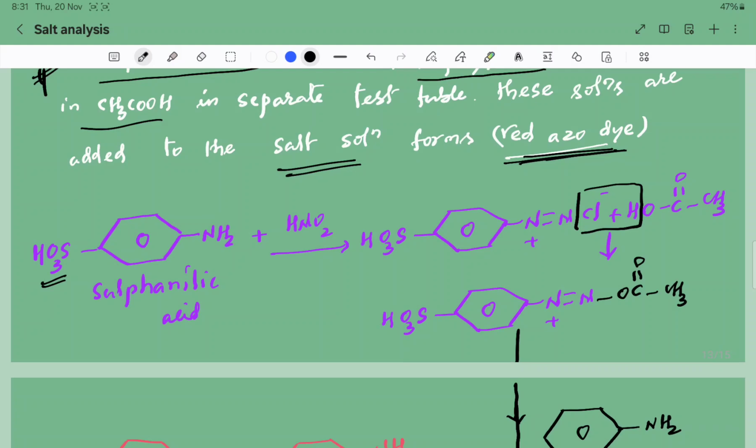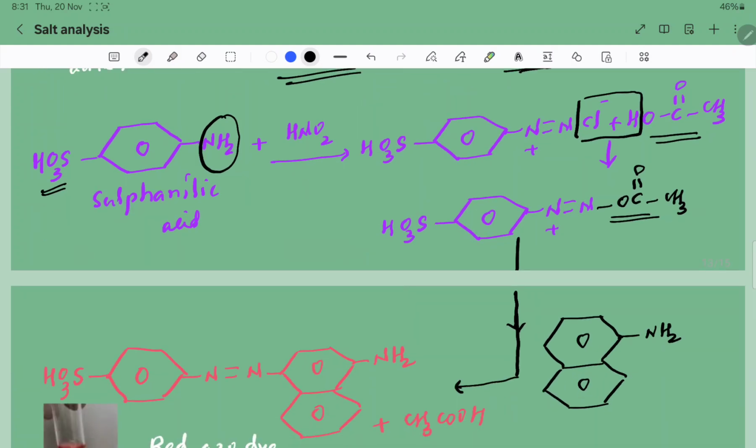The reaction is very important, student. Already we know this NH2 reacts with HNO2 at very low temperature, 0 to 5 degrees centigrade. Usually diazotization takes place and it will form a diazonium salt. Now this diazonium salt reacts with the acetic acid and HCl will leave and it will form an acetate type of compound.